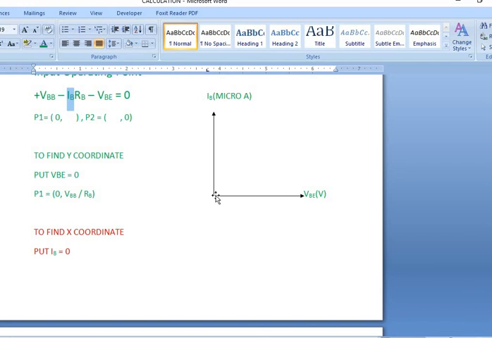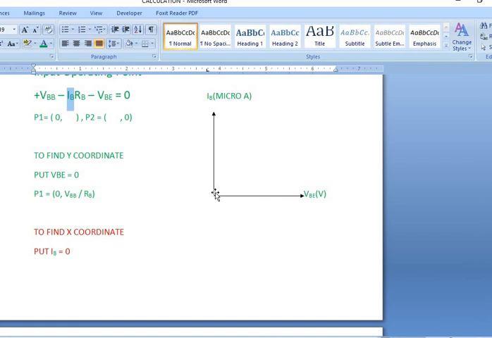Again, obviously, this is the behavior of the transistor and the diodes, that it depends upon the semiconductor material that we are using, what is the barrier potential of that material. Normally we have seen, for example, silicon has a 0.7 barrier voltage.